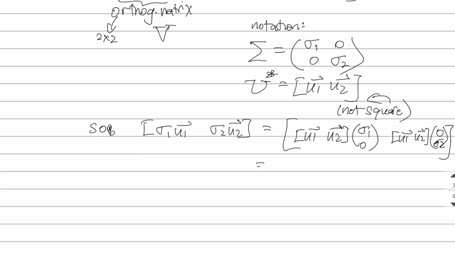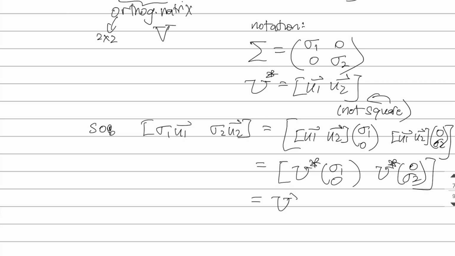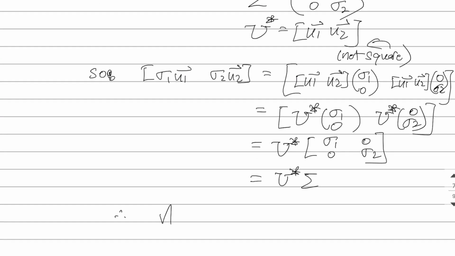And that means this is U star sigma 1, 0, and U star 0 and sigma 2, which again, by definition of matrix-matrix product, is U star times sigma 1, 0, 0, sigma 2, which means this is U star sigma. So here's what we've got.